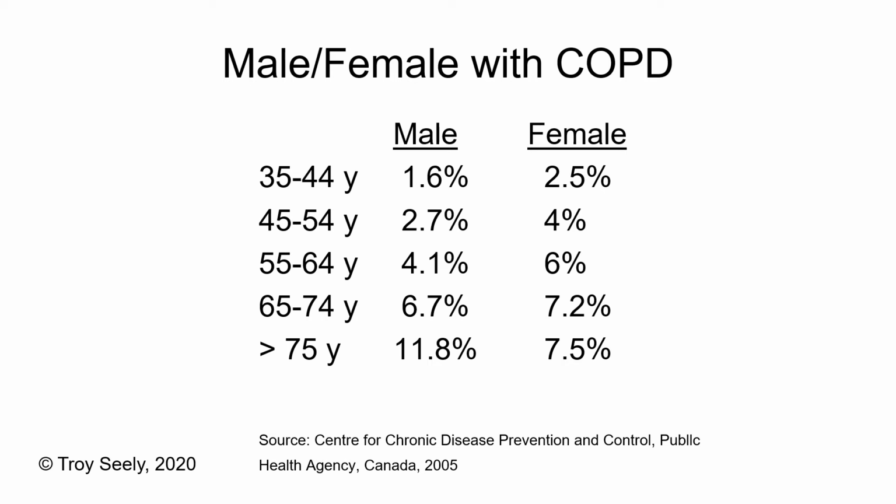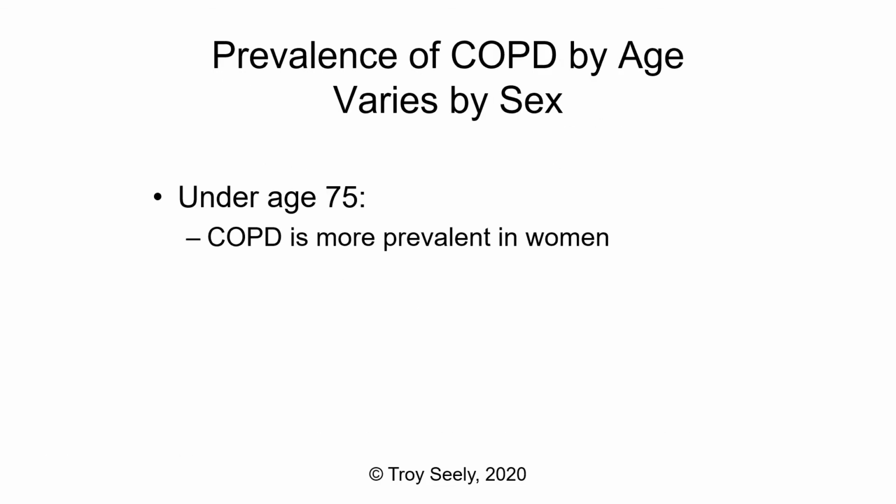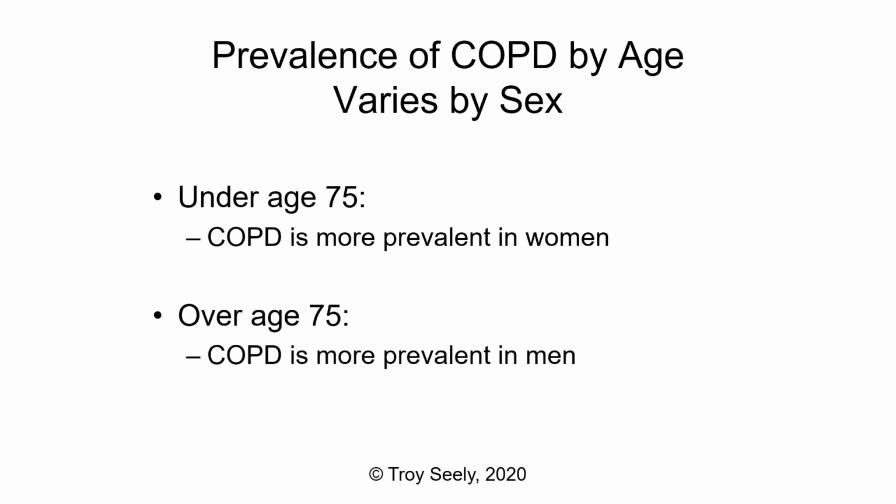From 65 to 74, the difference starts to close, and then above the age of 75, there is a significant shift, more so to men than in women. So in regards to the prevalence of COPD by age, it varies by sex. Under the age of 75, COPD is more prevalent in women, and over the age of 75, COPD is more prevalent in men.